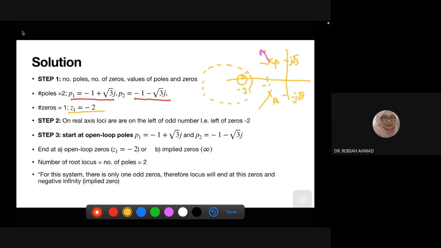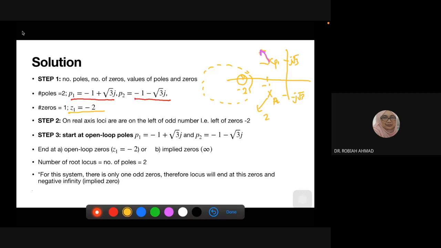So kita ada dua, we have 2 root locus because we have 2 poles. Okay, and then since we have 1 zero, so one of the root locus will end at the zero lah. Okay, so tengok dekat step 3 ni.